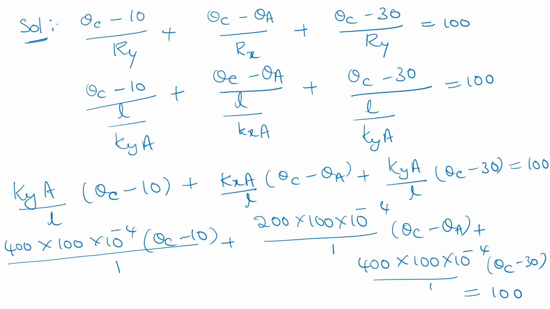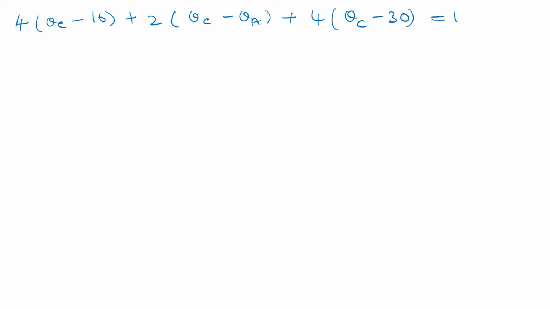The 10 to the power of minus 4 terms get cancelled. Taking common, we get 4 of (theta C minus 10) plus 2 of (theta C minus theta A) plus 4 of (theta C minus 30) is equal to 100.